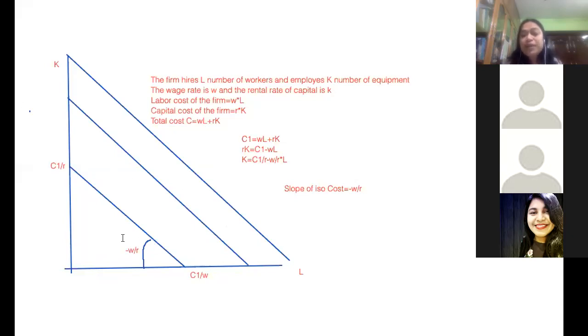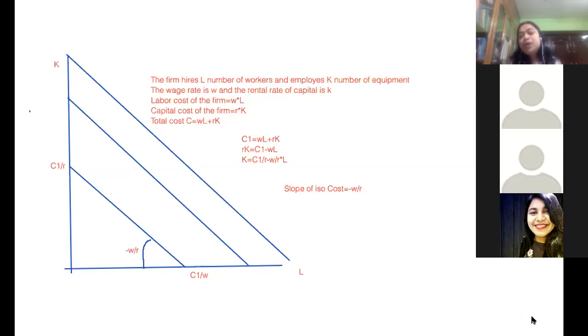The individual farm has no control over the wage rate or the rental rate of capital. It takes these prices as given, and trades between labor and capital at this ratio, right? If you move along the iso-cost curve, from this capital use to another capital use, you substitute at the ratio of W by R.